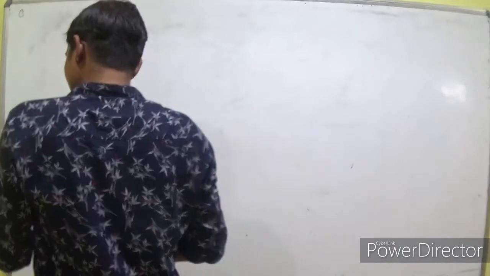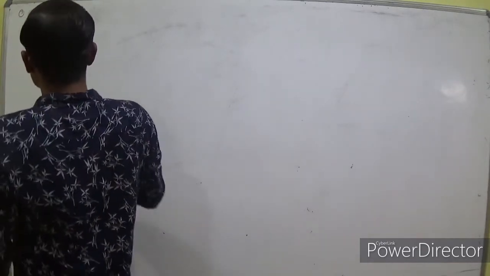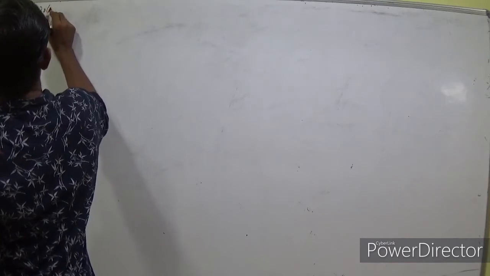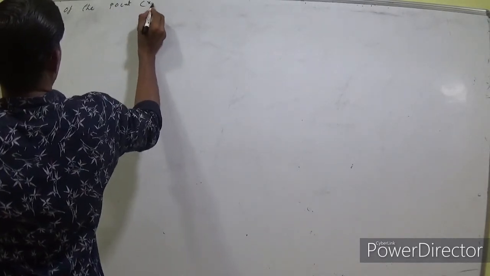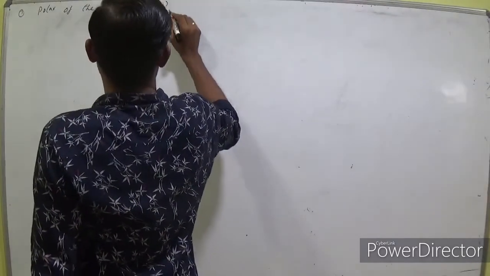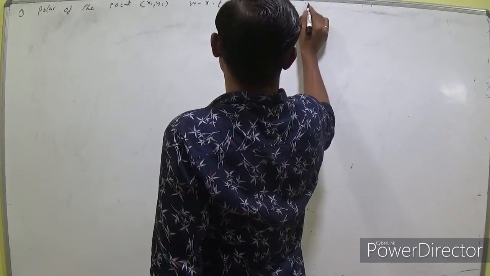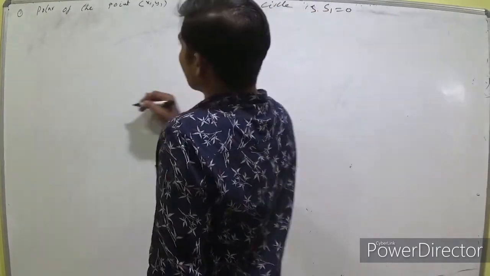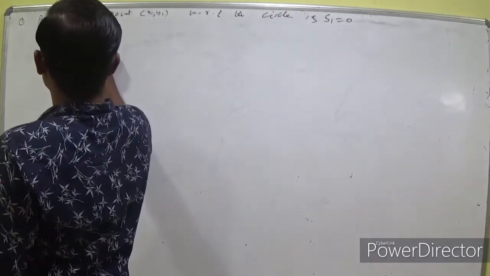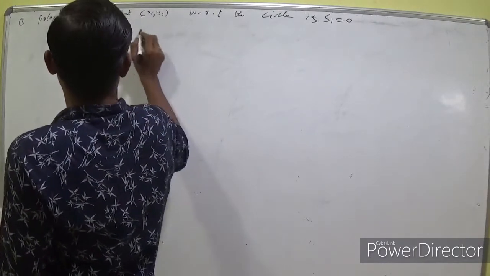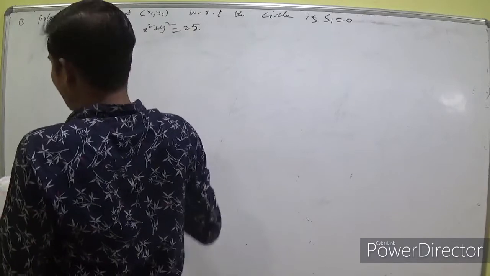Here the point is 3 comma 4, and the circle is x square plus y square equal to 25.